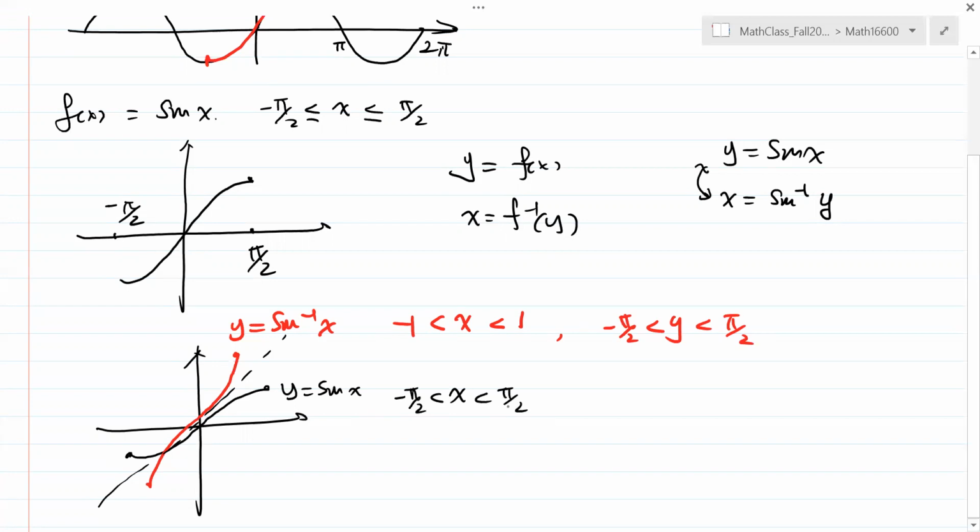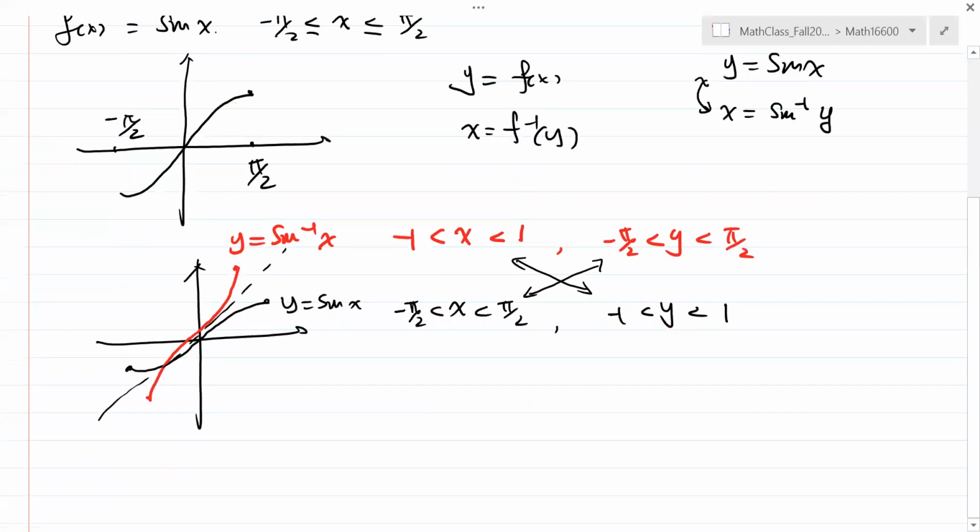The reason we don't want to include the end point, we don't want it, okay? Otherwise, we have to involve differentiability, you know, too much technical stuff. So here, the y is between negative and positive. So the domain of the original function becomes the range of the new inverse function. So those two correspond. Those two correspond. Okay.